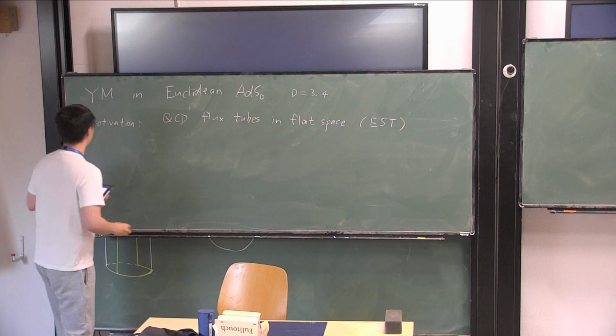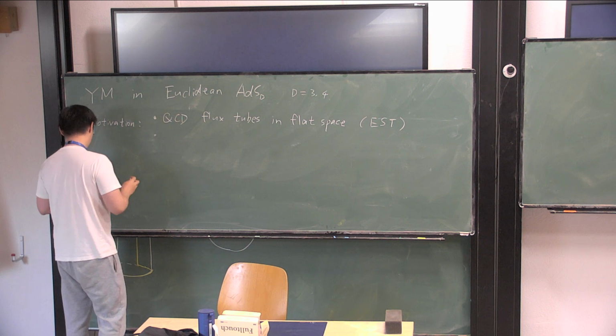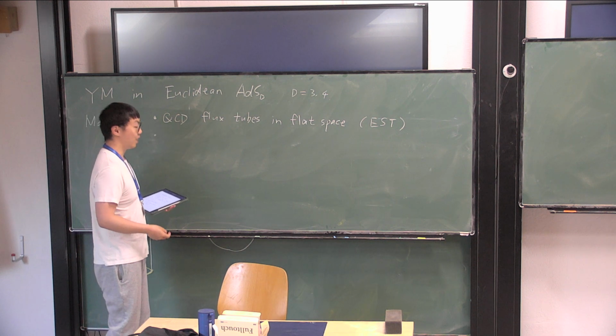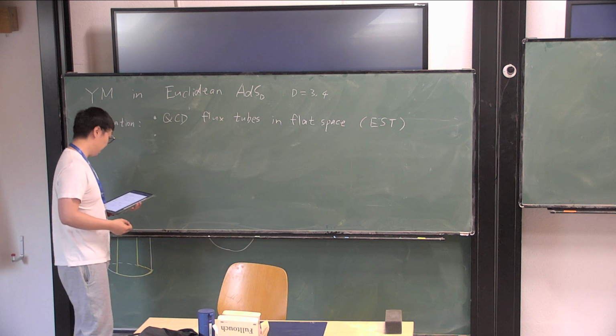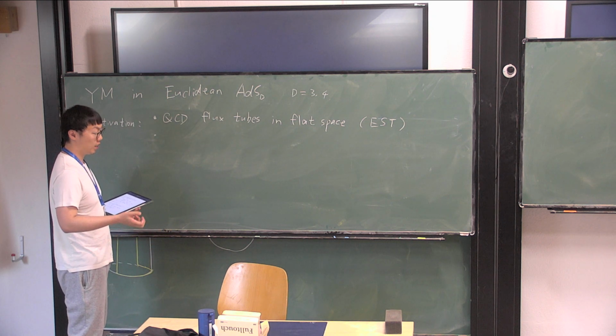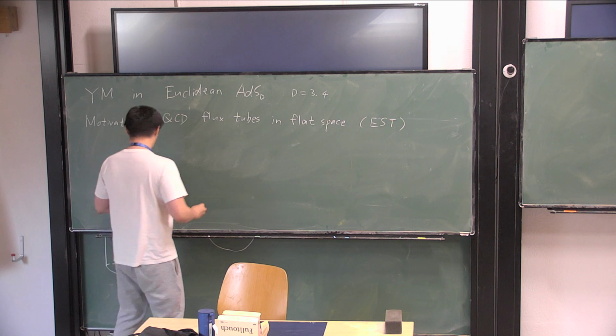And so we would like to ask the following question: can we say something already from the UV point of view? In a sense, we can do some perturbation theory and make some prediction deep in the IR.